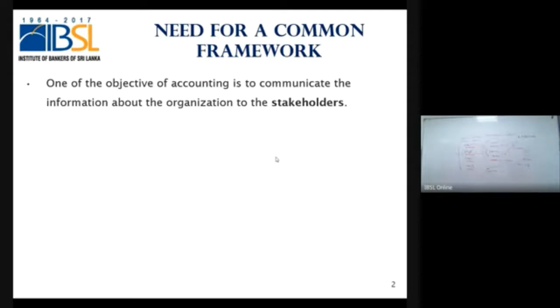So one of the primary objectives of accounting is to let your stakeholders know. Now I am introducing another term here; from shareholders, now we are going into the term stakeholders, right? If you have the handout, please underline it. It is a very important term. Now, who is a stakeholder?